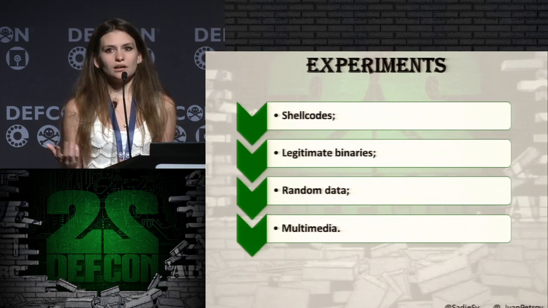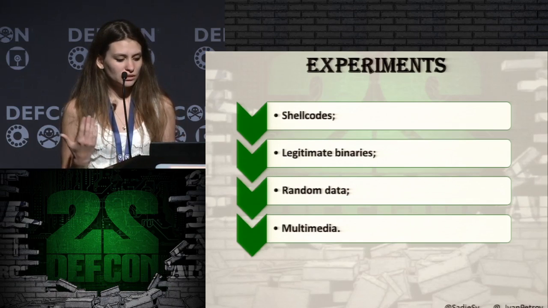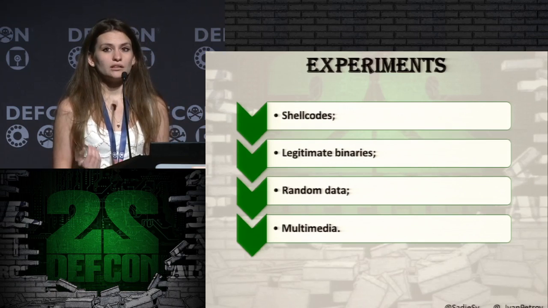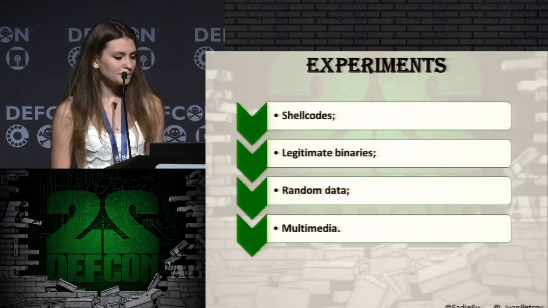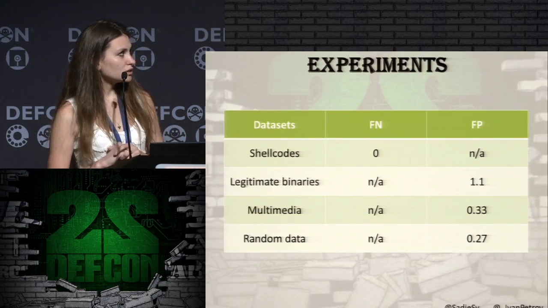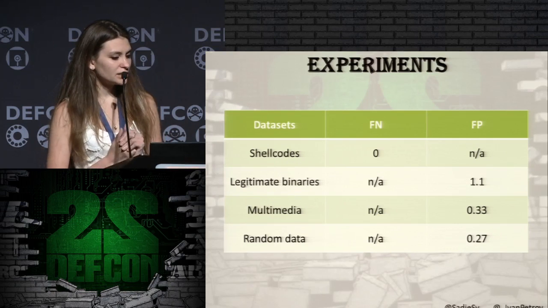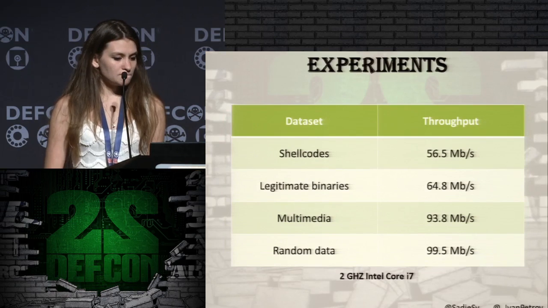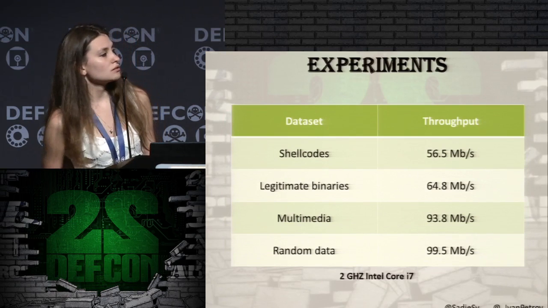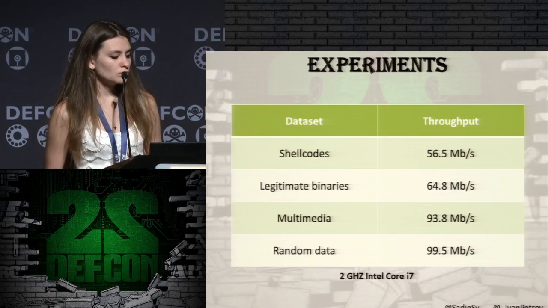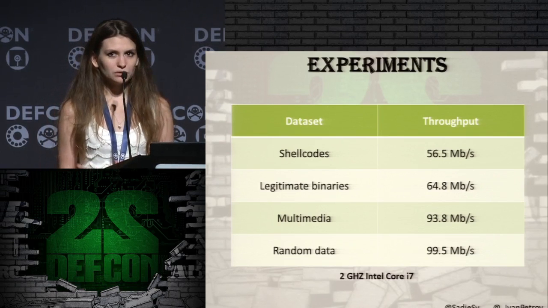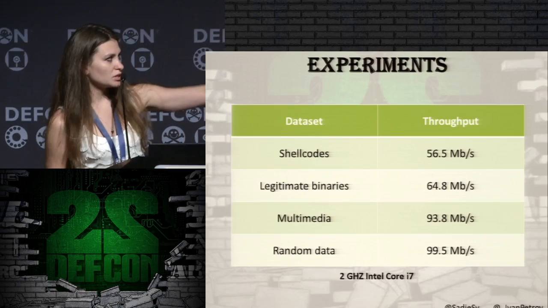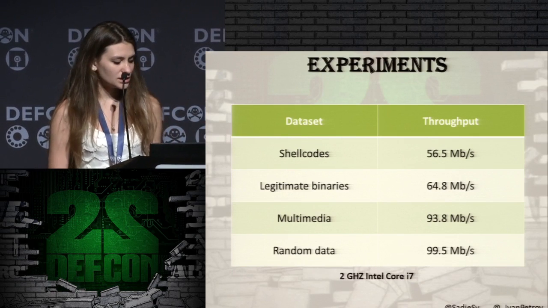We collected multimedia because the shellcode detection algorithms which exist right now work really badly on multimedia. Our experiments are shown on the current slide. These are results on throughput. Again, we used a simple laptop with a virtual machine, and its characteristics are mentioned on the bottom of the slide.